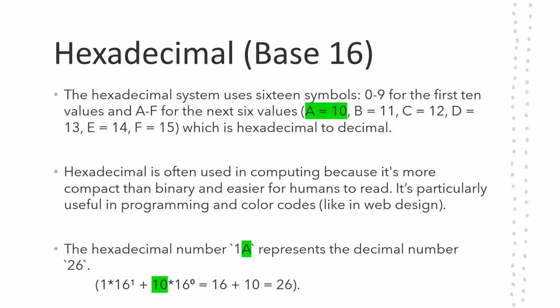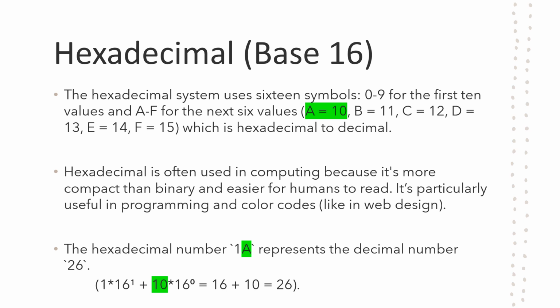So A, Alpha, is equal to 10, B, Bravo, is equal to 11, C, Charlie, is equal to 12, D, Delta, is equal to 13, E, Echo, is equal to 14, F, Foxtrot, is equal to 15. So you would have 0 through 15, which is 16 symbols altogether.